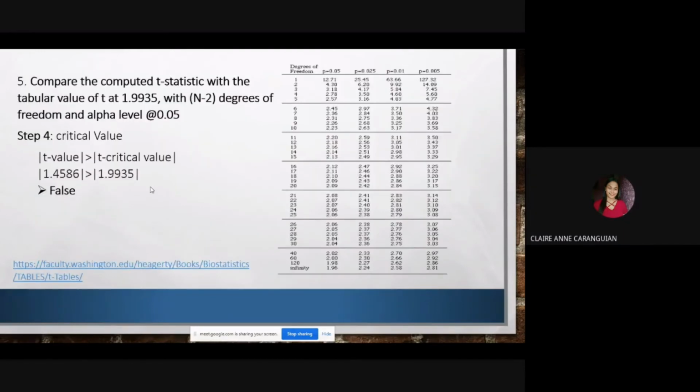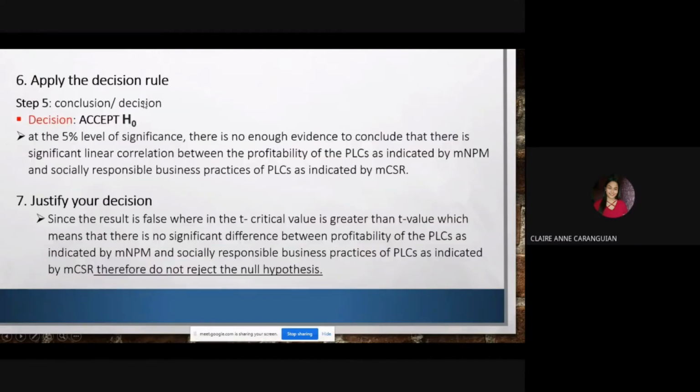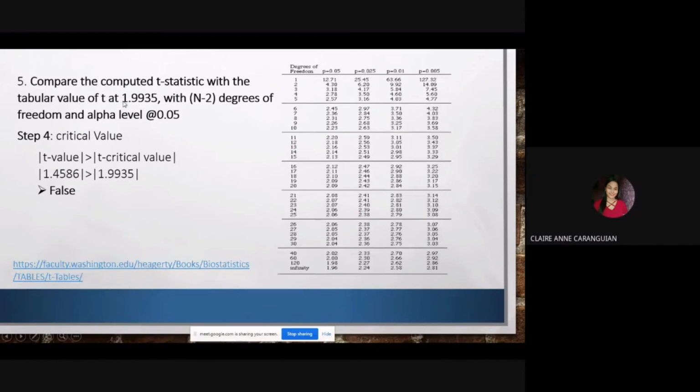Dito yun. Itong degree of freedom. Since given naman na siya dito, which is 1.9935, given naman na yung critical value natin, hindi na natin kailangan hanapin. Pero kung hindi siya given, pupunta ka sa table of t-test.